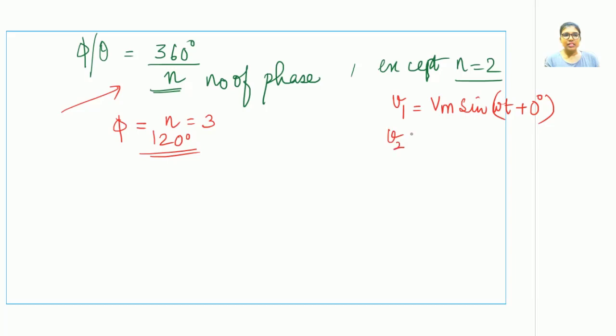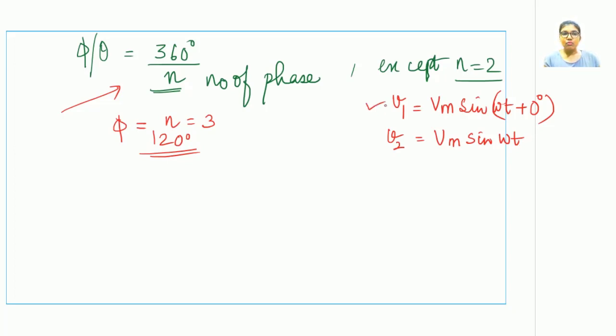What about the second signal? Since theta is 120 degrees, after 120 degrees the second signal or the second supply value will be generated. So it will be given as Vm sine omega t. Now what should I be writing over here? Will it be plus or minus? Please remember one thing.